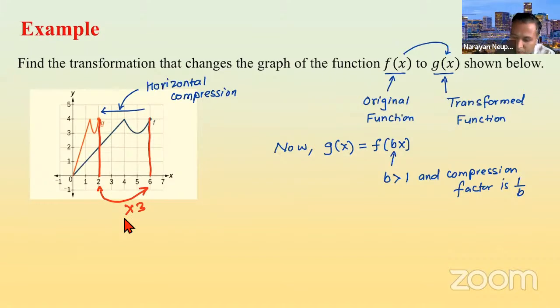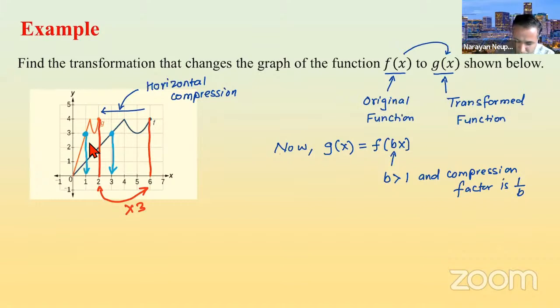You can also verify with one more point if you want. For example, take this point where I'm pointing: the y value is 3 when x equal to 3. And in the new graph, the y value is 3 at x equal to 1.